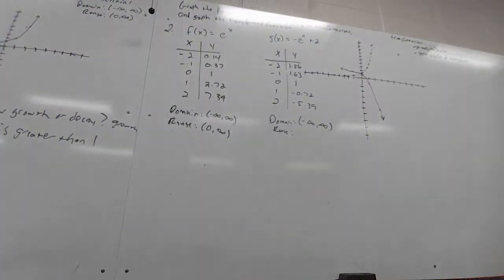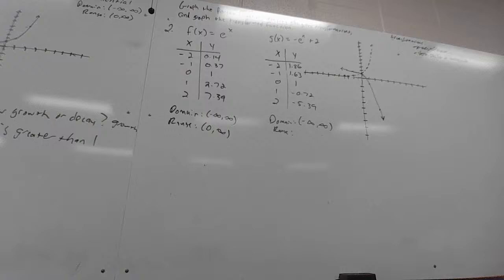Okay, now, did those transformations that we did affect the y values of the range? Yes. Can somebody tell me specifically which of the two transformations affected the range? Reflection. Not quite. Well, okay, you know what?